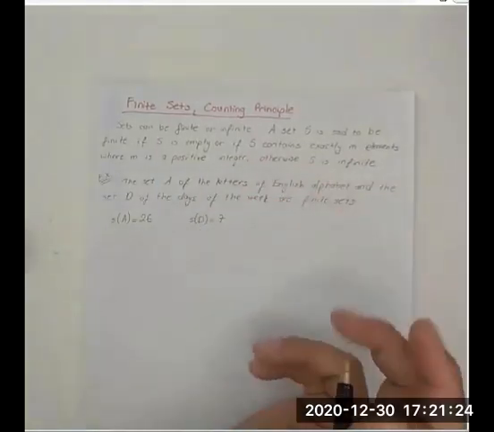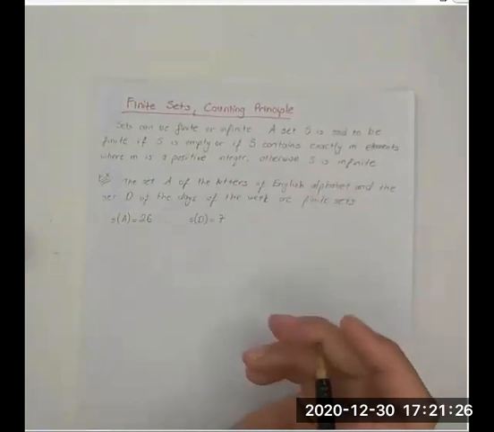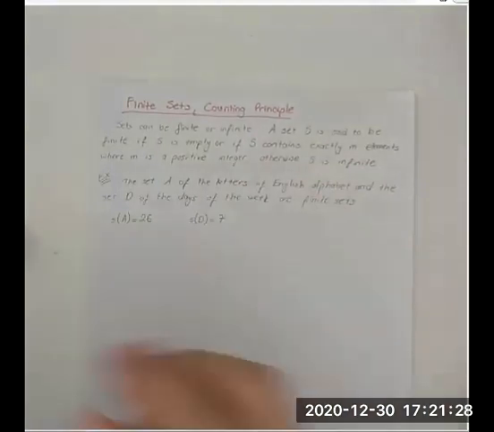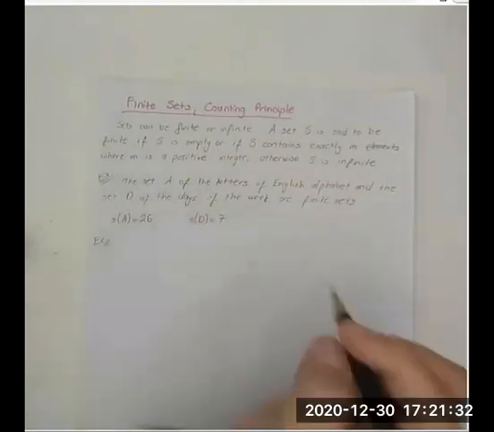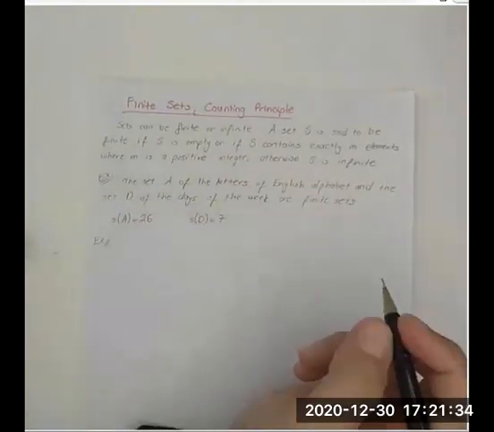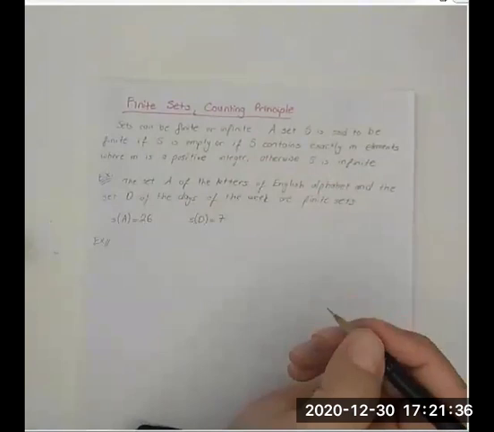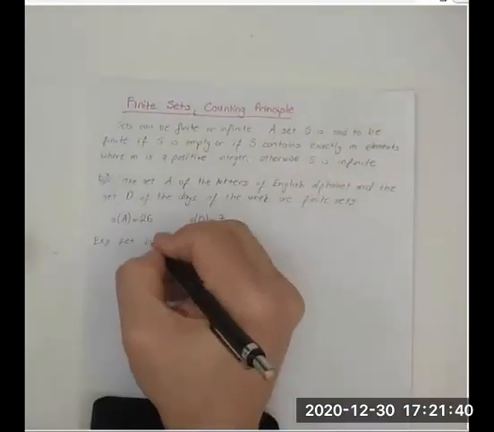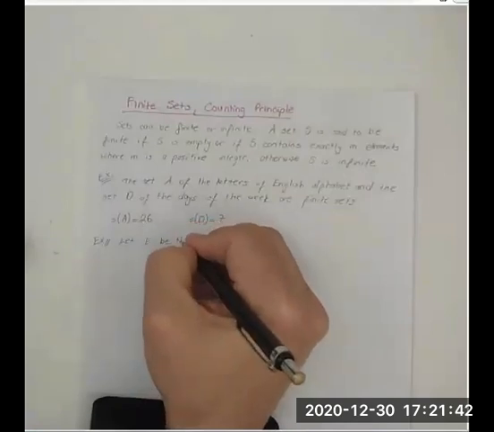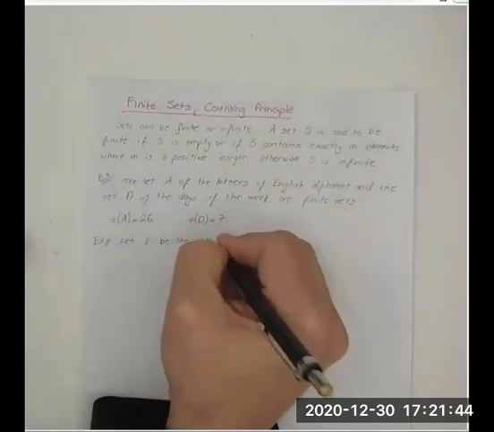So we can say these are countable, and according to that, these sets are finite sets.